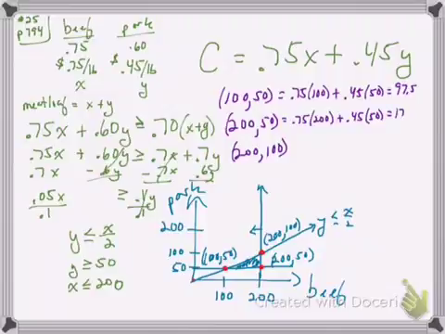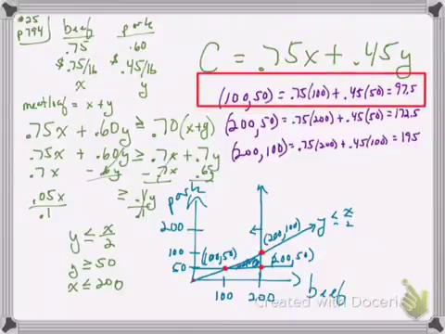So 172.5, and then finally 0.75 times 200 again. I do second enter on my calculator, and now I put in 100 instead of 50, and I get 195. We can see pretty easily that the first one is the cheapest cost, which is what we're trying to minimize. So 100 pounds of beef and 50 pounds of pork is what we need to mix for our meatloaf. Okay, thanks. I hope that this helped.